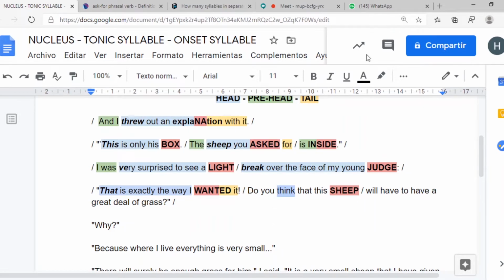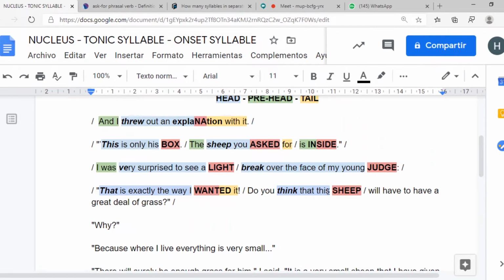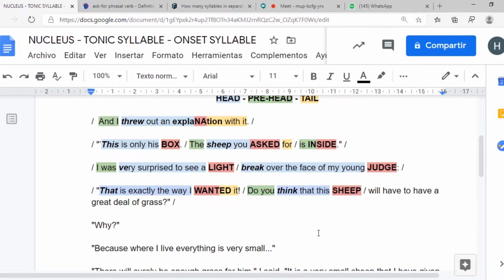This is your first stressed syllable, so this is your onset syllable. So from the onset up to the beginning of the tonic syllable, you have the head, and then these two unstressed words before the first stressed syllable will be your pre-head.